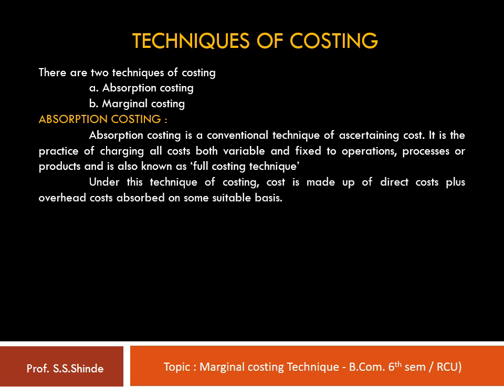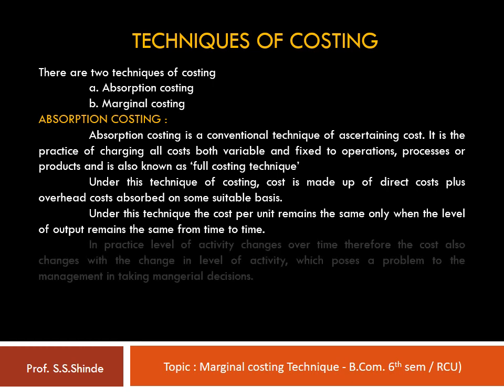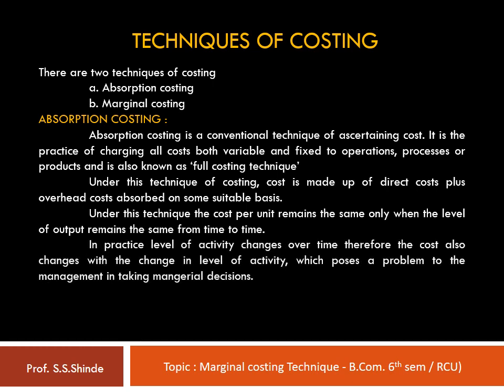Under this technique of costing, cost is made up of direct costs plus overhead costs absorbed on some suitable basis. Under this technique, the cost per unit remains the same only when the level of output remains the same from time to time. But in practice, the level of activity changes over time.